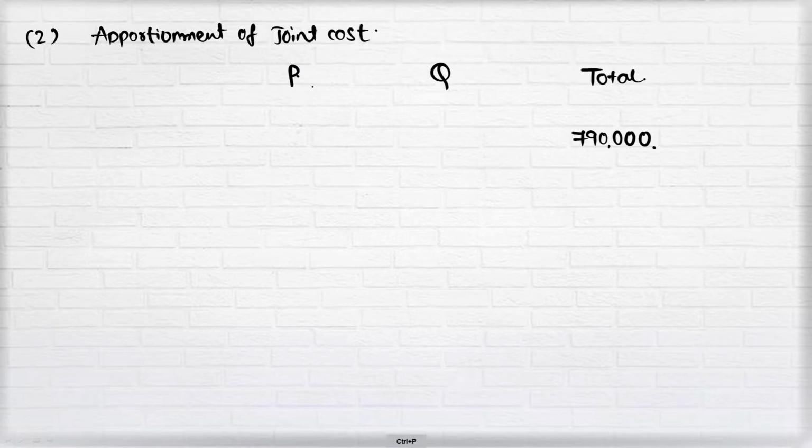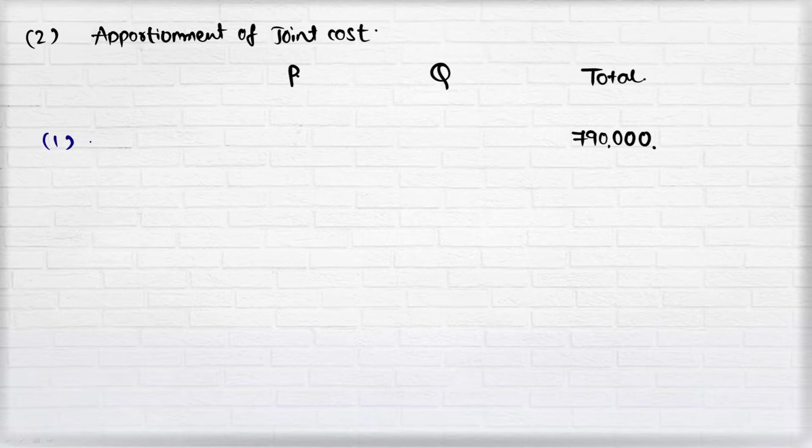Why not? Joint cost is apportioned at a split off point. At the split off point you are having only two products, P and Q. Yes, if you further manufacture P into AR, this cost will be included in AR, but this cost will be apportioned to P and Q only.